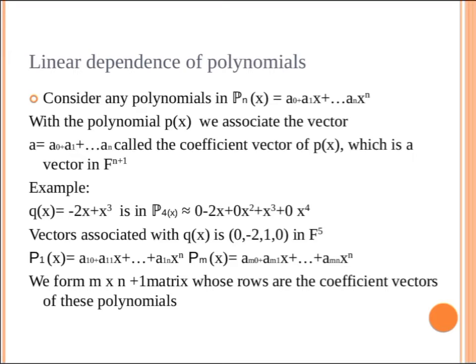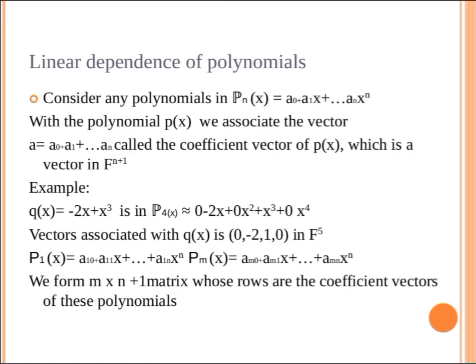Okay, for example, we can denote q of x is equal to minus 2x plus x cube. This is in polynomial P4 of x, and that is equal to 0 minus 2x plus 0x square plus x cube plus 0x raised to 4, because we have only two terms, minus 2x and x cube, and the remaining coefficient values are just 0.